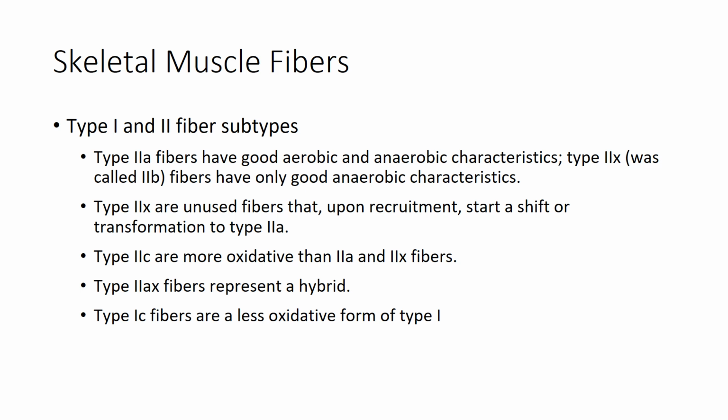And then we can also have a hybrid within type 2, which is type 2AX fibers, which have a mixed property of aerobic and anaerobic characteristics, making it more of a hybrid. Lastly, type 1C fibers are a little bit less oxidative form of your type 1.